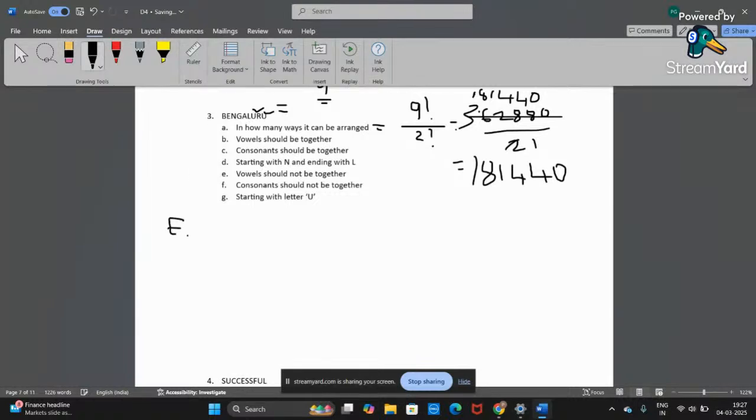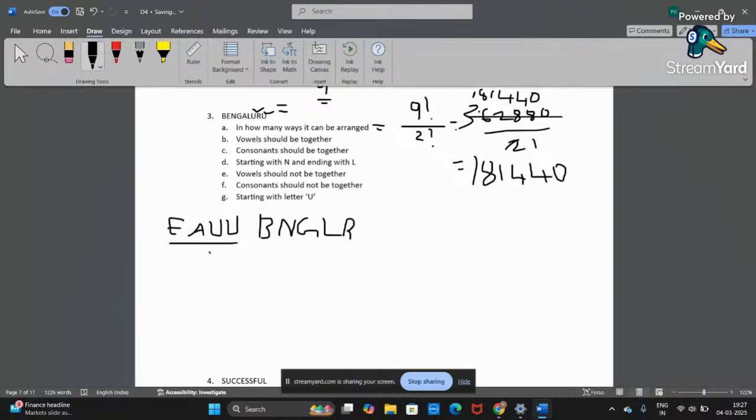E, A, U, U. E, A, U, U are the vowels, right? Rest of them, we'll write it down. B, N, G, L, R. These are the consonants. In the question, they have given that the vowels should be together.